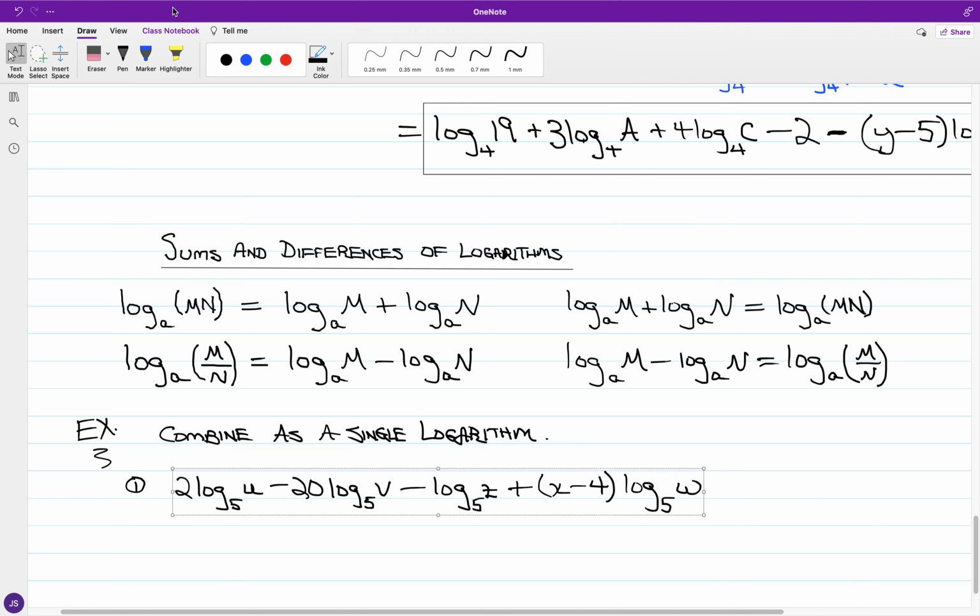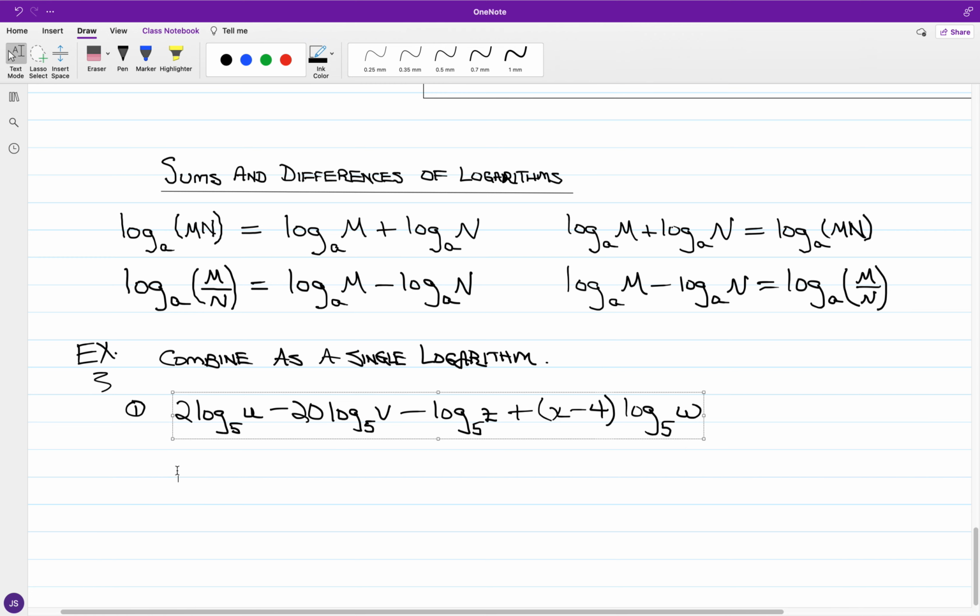Okay, so we're going from expanding out to logarithmic terms to contracting as a single logarithmic term.